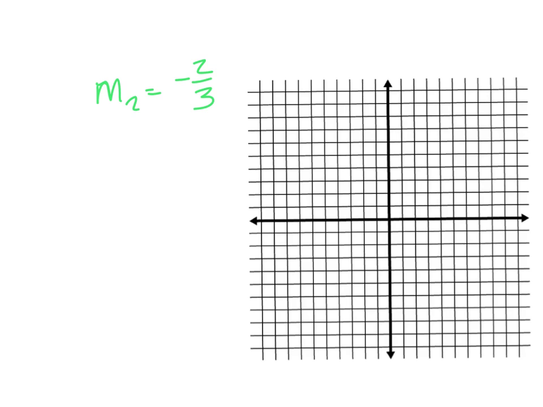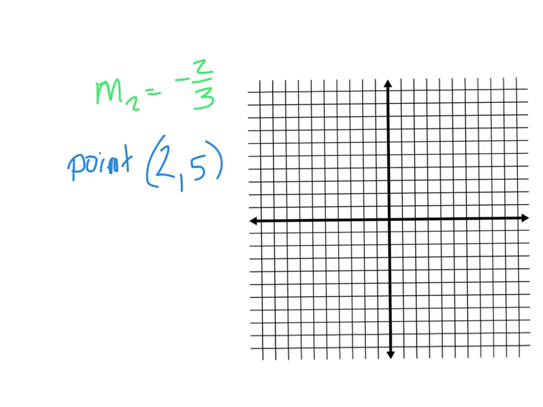So we have our graph, we have our slope. What other information did they tell us? It says graph the line perpendicular to H, which we have the new slope, that passes through what? 2, 5. So we have a starting point and we have a slope.